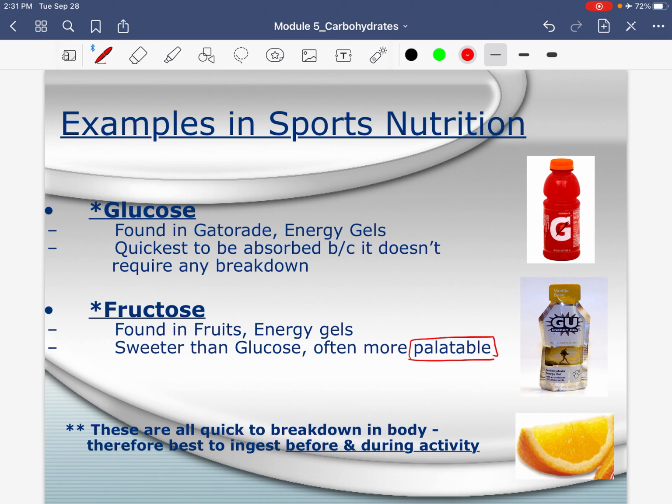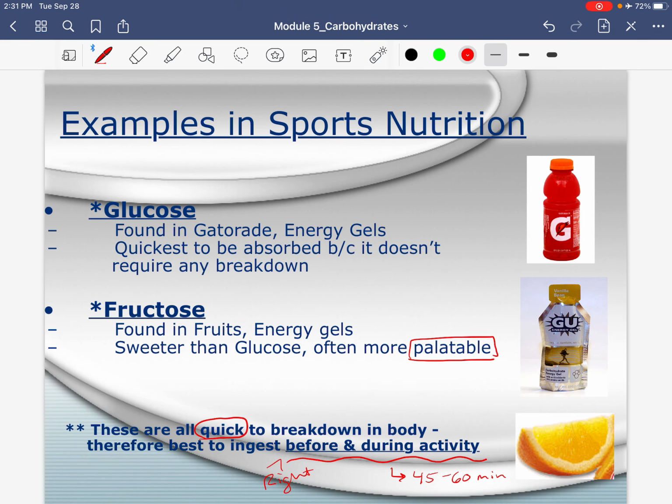These monosaccharides are the quickest to break down. We're going to talk about this later in this chapter, but when this would be appropriate for some athletes would be right before, not long before, right before activity and during activity, but not during every activity. Activity where you're exercising for at least 45 to 60 minutes continuously.